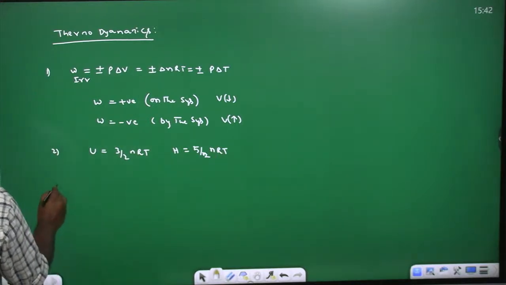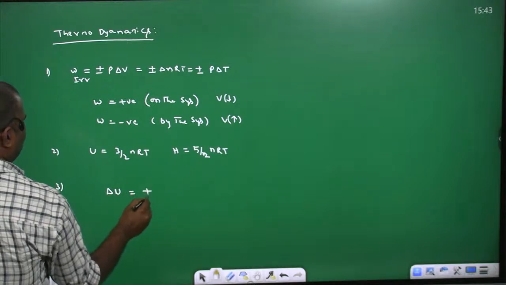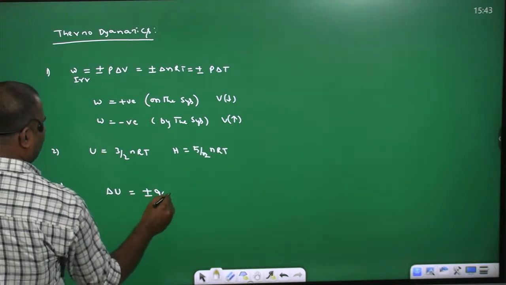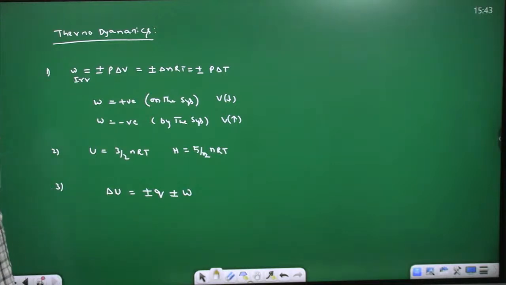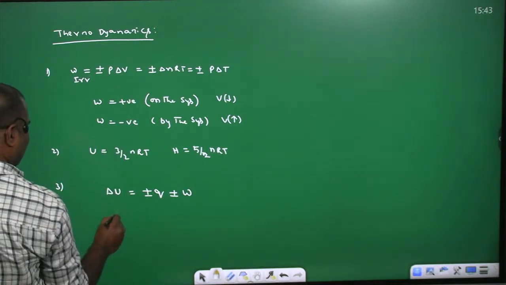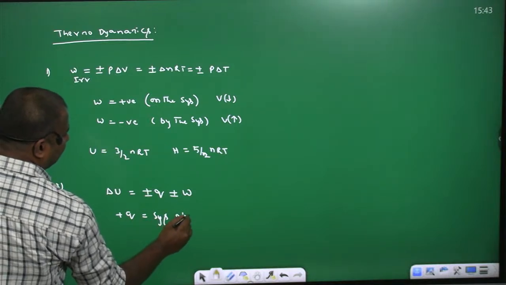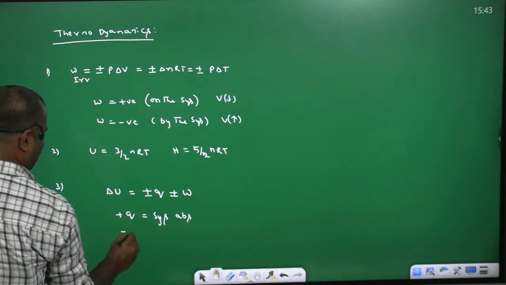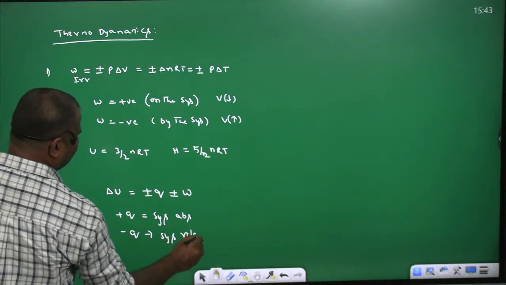Okay. From thermodynamics first law we can write delta U equal to plus or minus Q plus or minus W. So plus Q when the system absorbs heat energy, minus Q when the system releases heat energy.